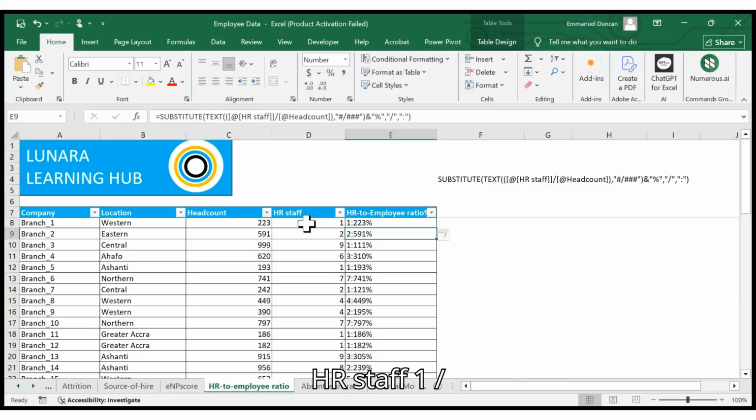Then our HR staff, 1, divided by 223. Then we are converting it to a ratio.